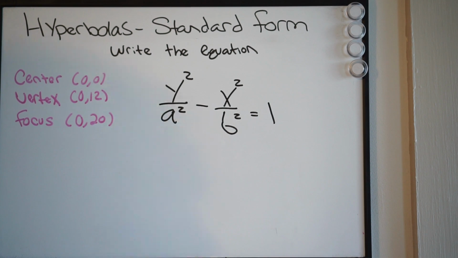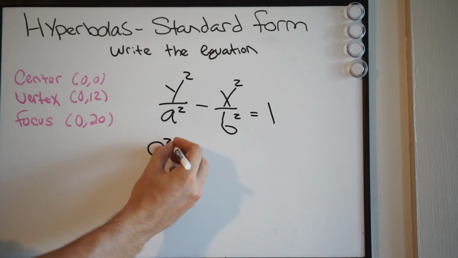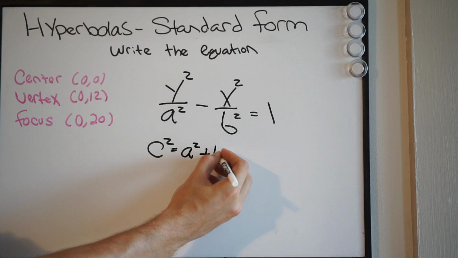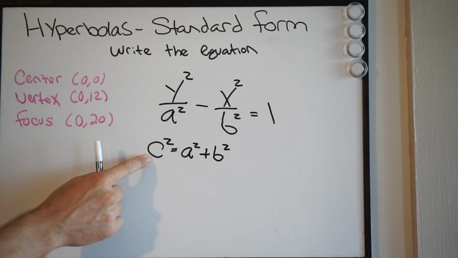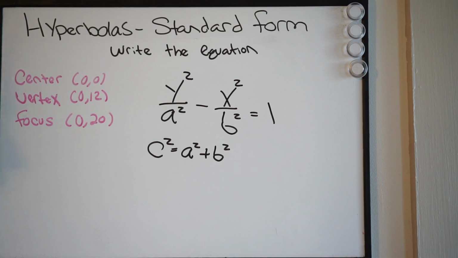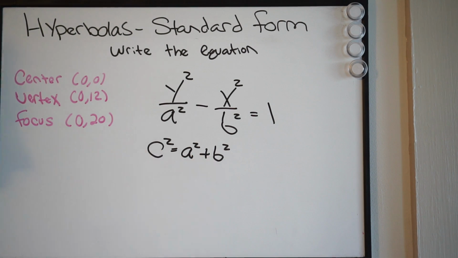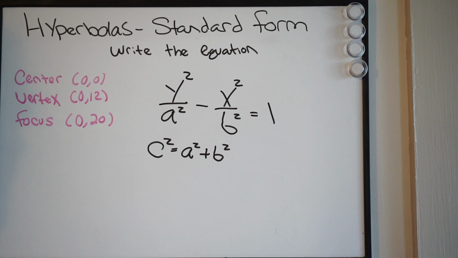But we can find that by using the following relationship: c squared equals a squared plus b squared, where c is your foci, a is your vertices occurring on the transverse axis, and b is your co-vertices occurring on the conjugate axis. We have c and we have a, and we can solve for b. Again, this is a relationship that all hyperbolas have.